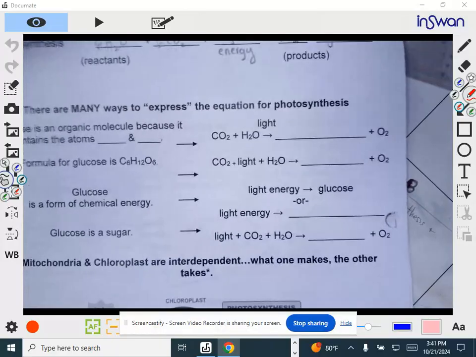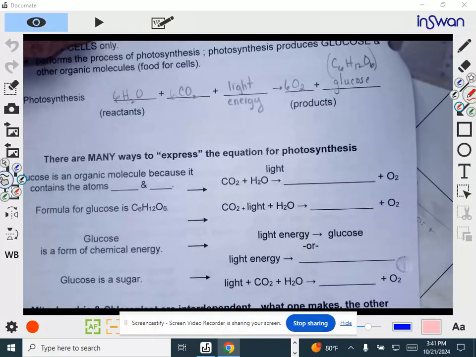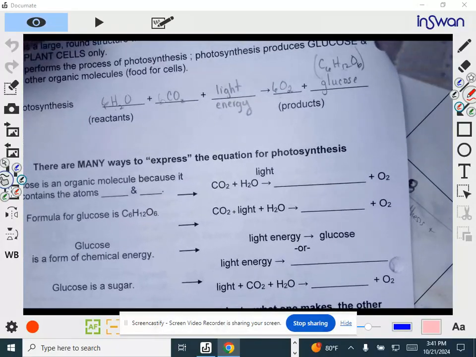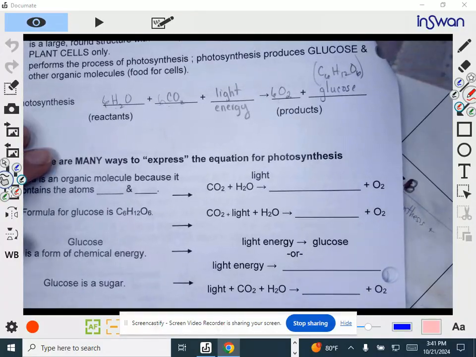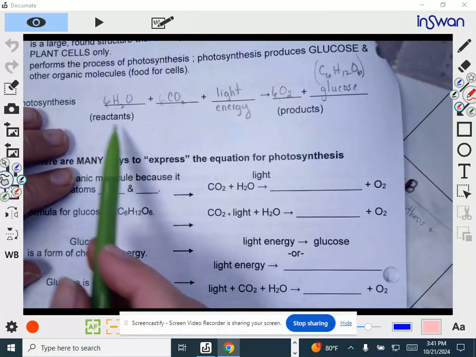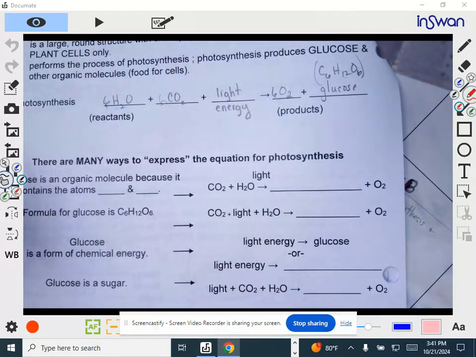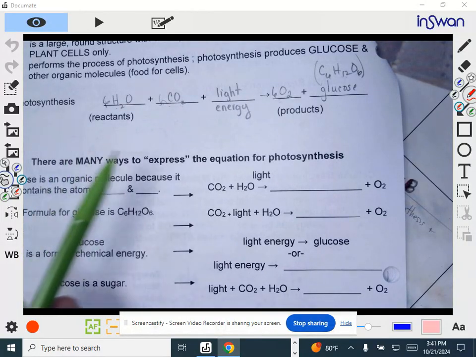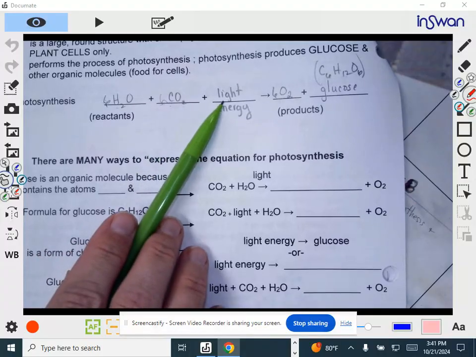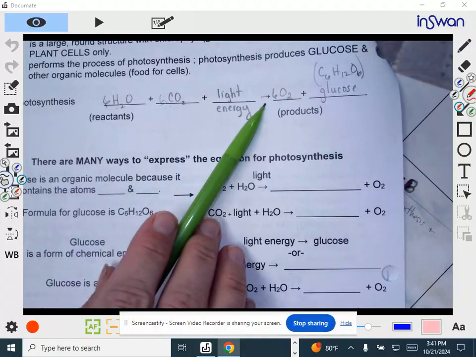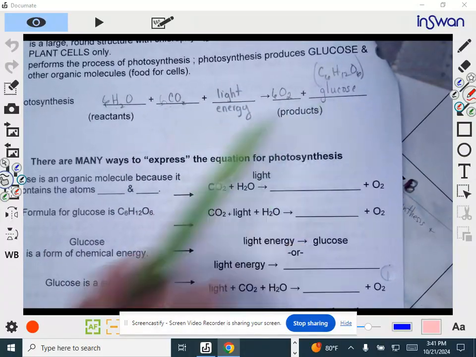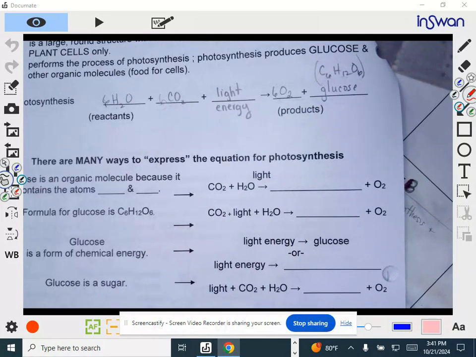All right, now, sometimes when we write the equation or we are describing what's happening in photosynthesis, we might rephrase what's happening here and say it different ways. But you still have to be able to recognize that if I'm talking about CO2 being used or light energy being needed in order to produce glucose, you have to know I'm talking about photosynthesis.